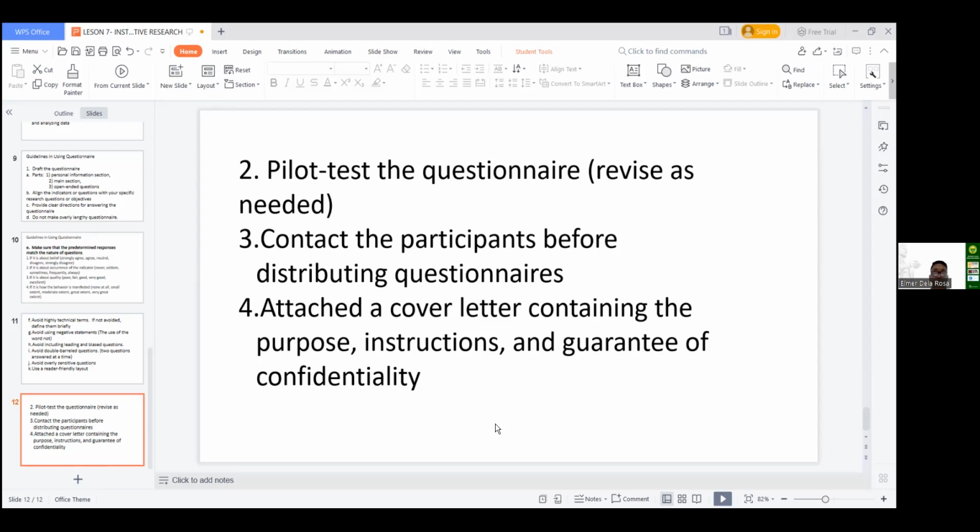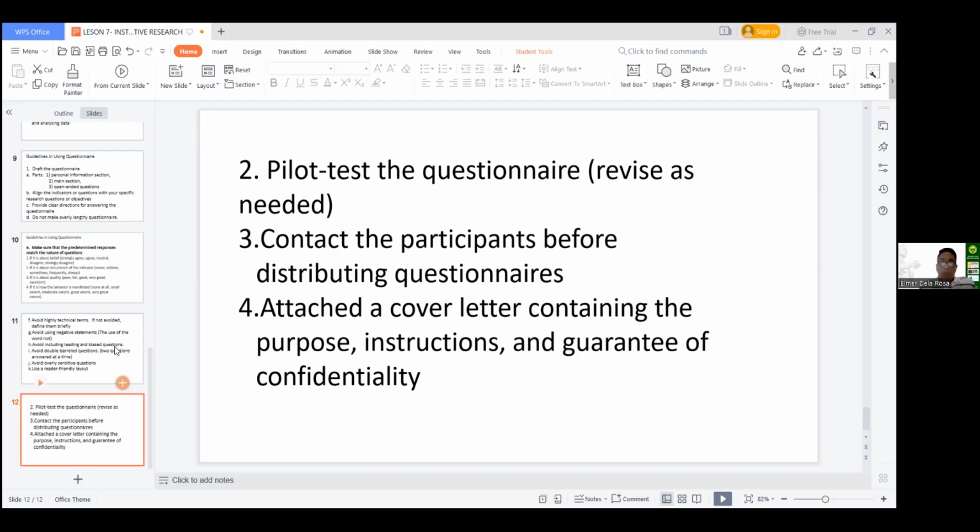There is a recommendation from these personalities or authorities that you are being allowed to conduct such study because there is a cover letter. Then wag kalilimutan yung guarantee of confidentiality, that you are giving assurance to your respondents that all data that will be gathered in this questionnaire are for research and academic purposes only, and it shall be held with utmost confidentiality. Mga wordings na gano'n. May mga template naman tayo para doon.